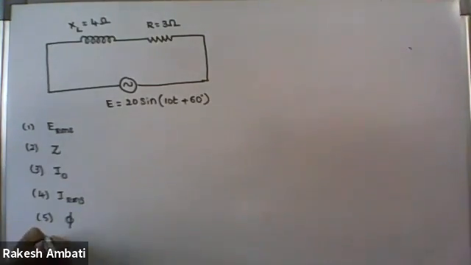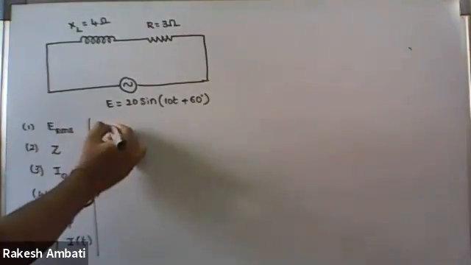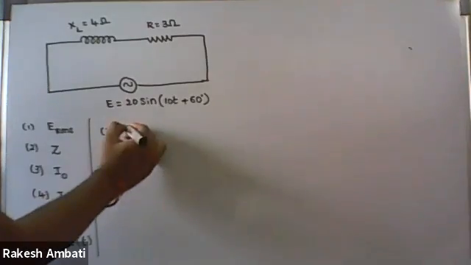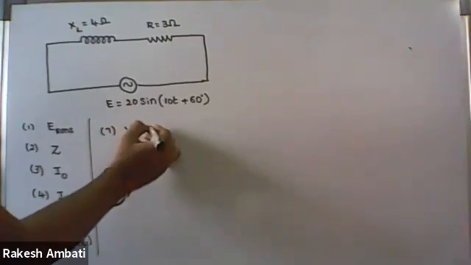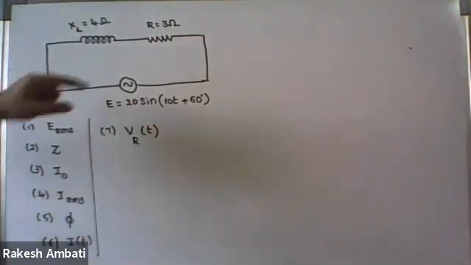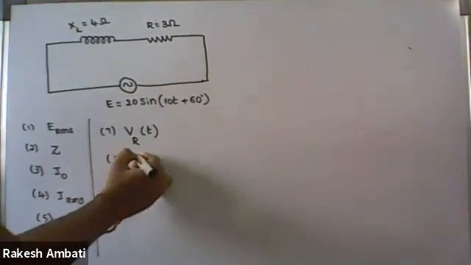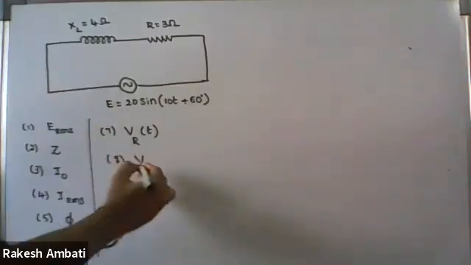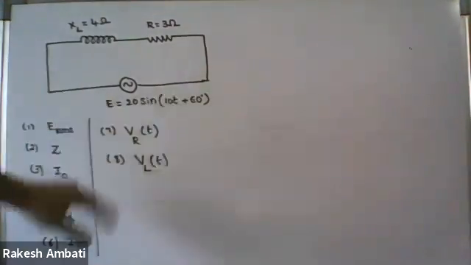Sixth question, find current as a function of time. Seventh question, find VR, potential difference across resistance as a function of time. Eighth question, find potential difference across inductance L as a function of time. So all the questions we have to do.